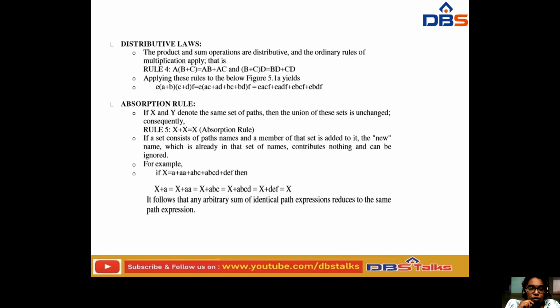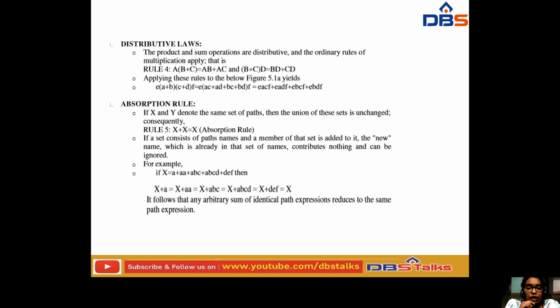By applying these rules to the given figures, e of (a plus b) into (c plus d) of f is equal to e into (ac plus ad plus bc plus bd) into f. So we can write it like eacf plus eadf plus ebcf plus ebdf.